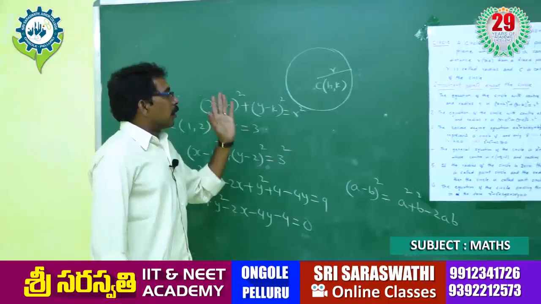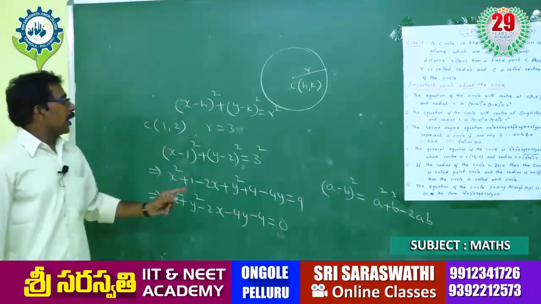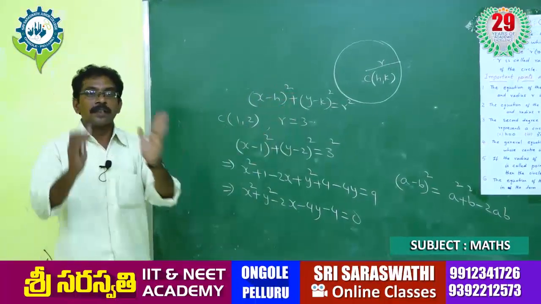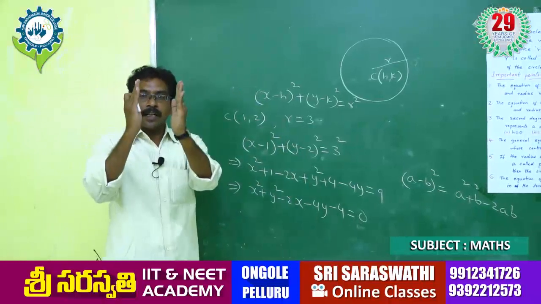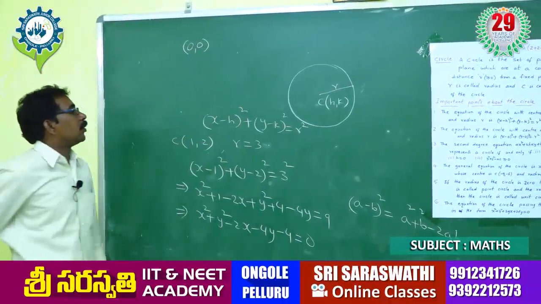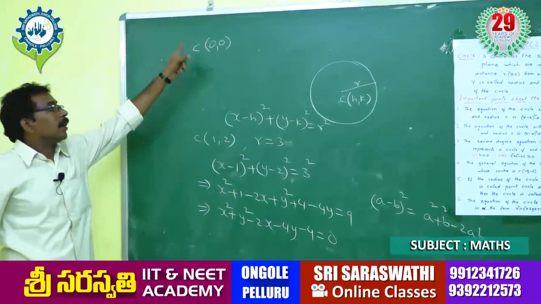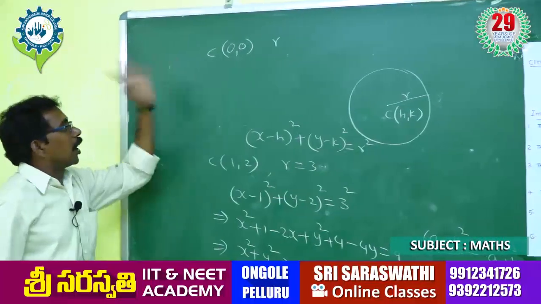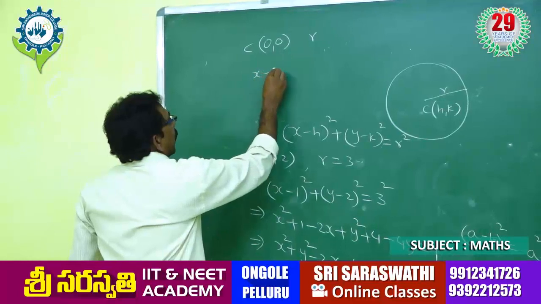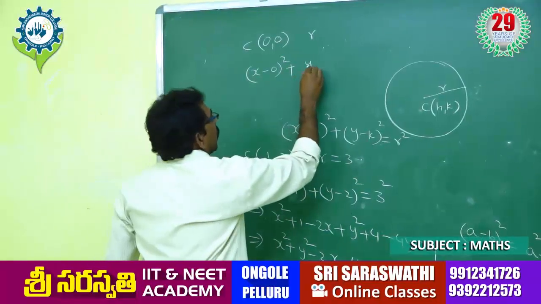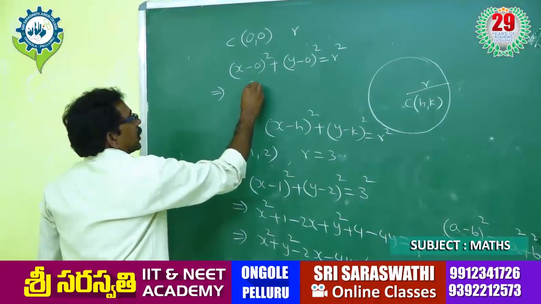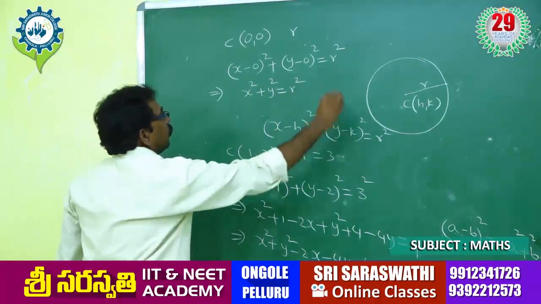Next, suppose we write 0, 0 in the place of h, k, that means the circle has its center at the origin (0, 0) and radius r. Using the same formula, we get (x minus 0) whole square plus (y minus 0) whole square is equal to r square, which implies x square plus y square is equal to r square.